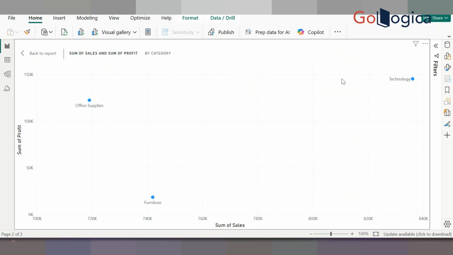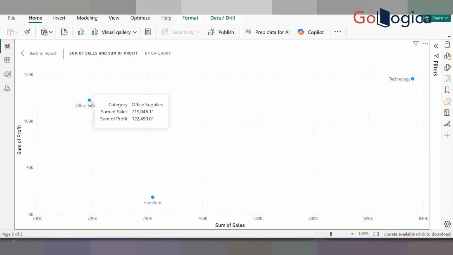Technology has contributed sales of 836K, which is the highest compared to any other category, as you can see from the scale at the bottom, and a profit of 145K, which is the highest profit compared to any other category of product. Next, we have office supplies.